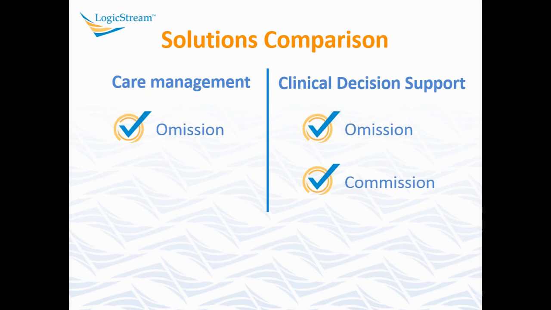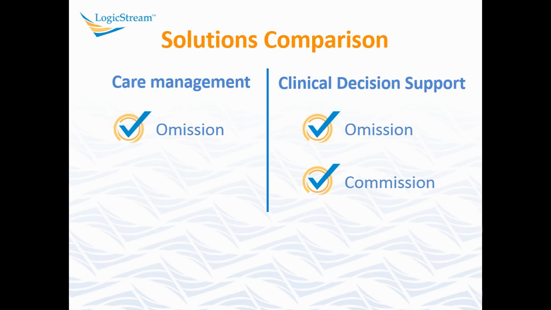You could generate a list of patients that fall outside the recommended interval. You could have care managers, nurses, other folks reach out to those patients, schedule those appointments and have them come in for that test. They could also bring them in for any other diabetes care that they fall outside the recommendations on.